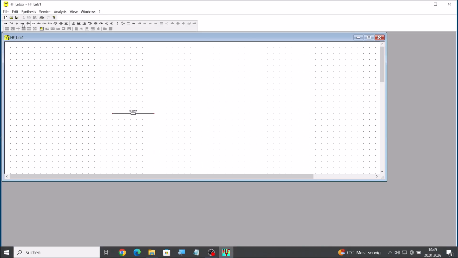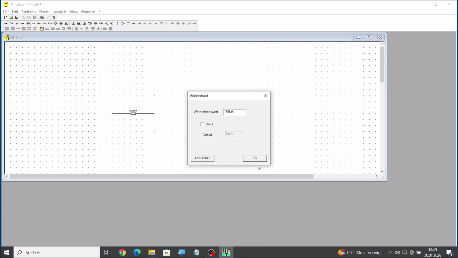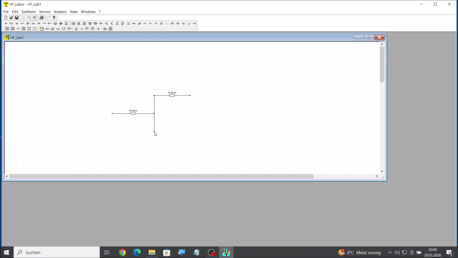And of course we must use these connections to be able to connect the other resistors. And again we take the resistors now to build our resistive power divider. So this is our 3-port now, and as measurement equipment we take our network analyzer.